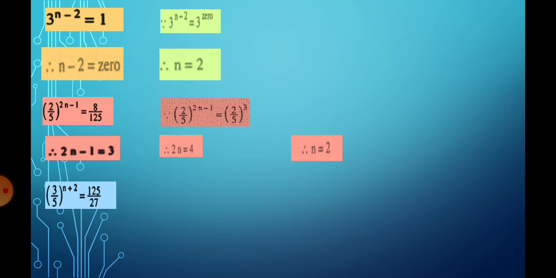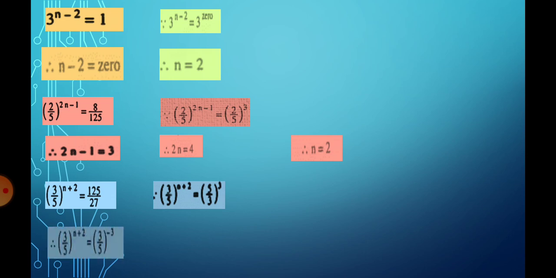We must change 5 over 3 to be 3 over 5, then we must change the sign of the power. Then we can write 3 over 5 to the power n plus 2 equals 3 over 5 to the power negative 3. Here the two bases are equal. Then we write n plus 2 equals negative 3. Then n equals negative 5.